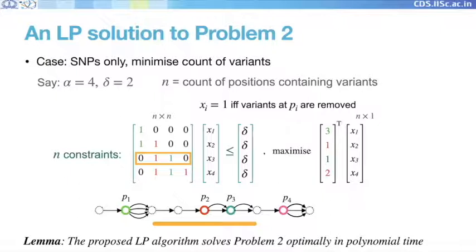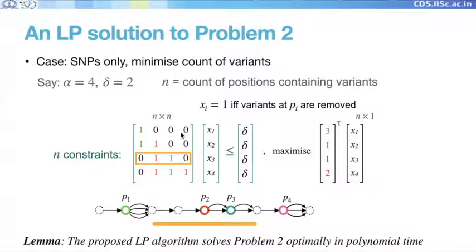So in problem 2, remember that we had only SNPs, but this time we have to minimize the count of variants. So not just the positions, but the actual total count of variants has to be minimized. In this case, we formulate all the alpha delta constraints as an ILP system. Suppose xi are the Boolean variables indicating whether the variants at positions are removed or retained.